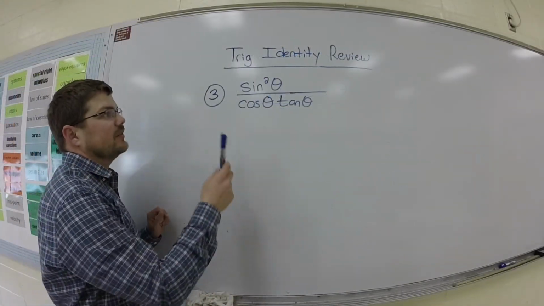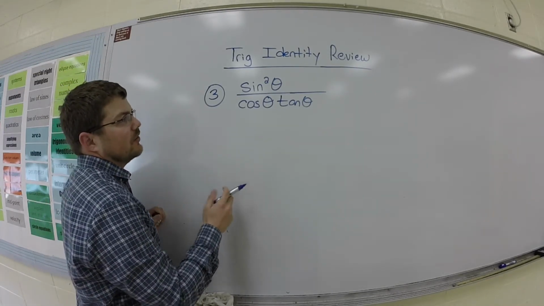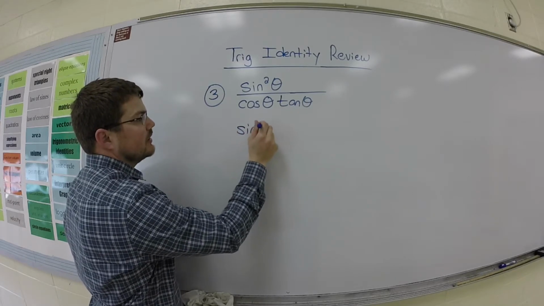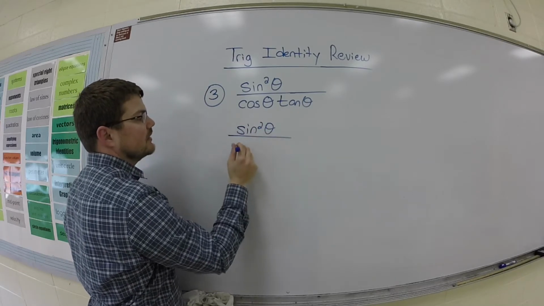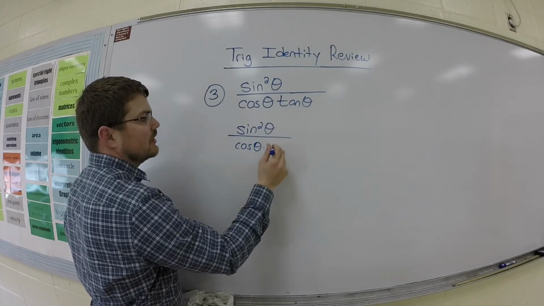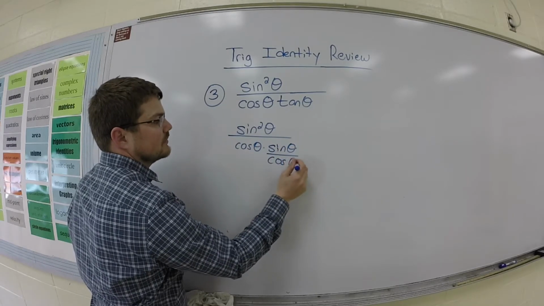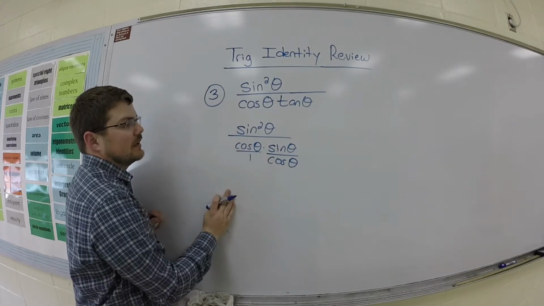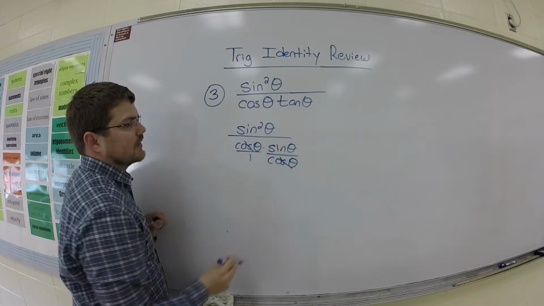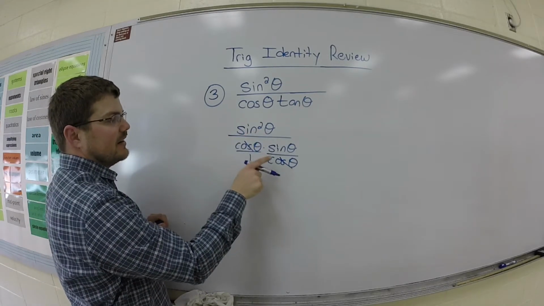Okay, number 3, we have sine squared divided by cosine times tangent. So I'm going to change tangent. We have sine squared divided by cosine theta times sine over cosine. We can put this over 1. Diagonally, the cosines cancel. And so what we have is sine squared divided by sine.